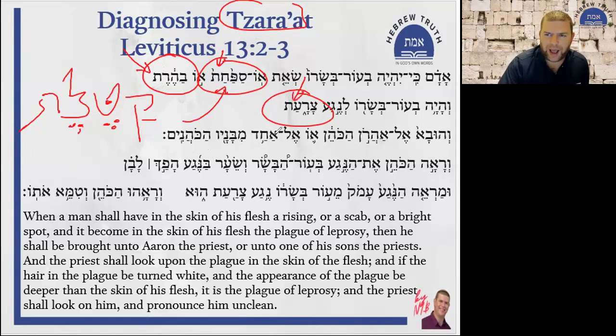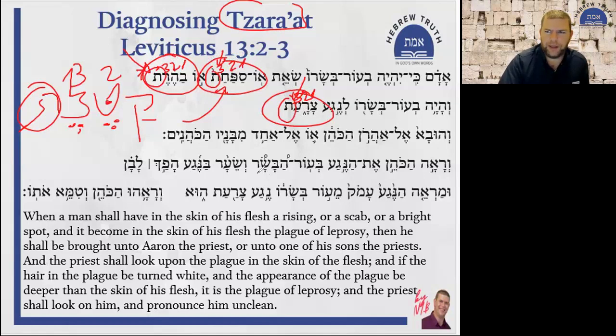Same goes for Tzara'at, which is a feminine pattern. As you can see, we have the first root letter, second root letter, third root letter, then we have a tav. Same here: 1, 2, 3, tav.